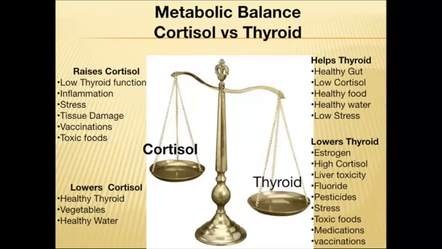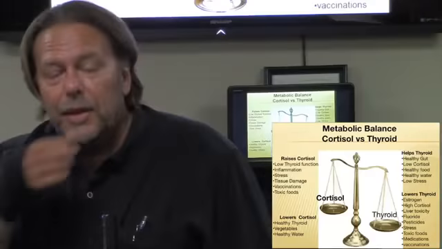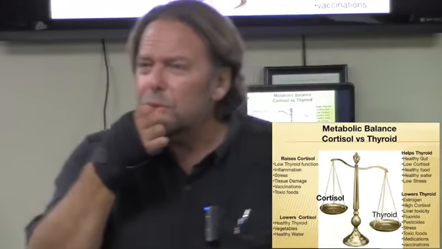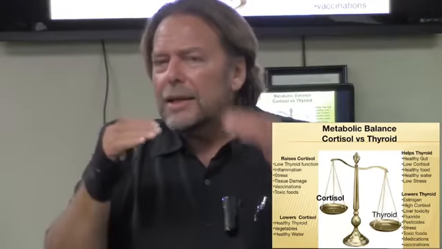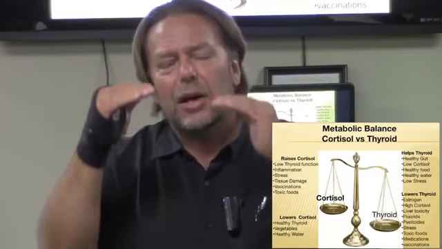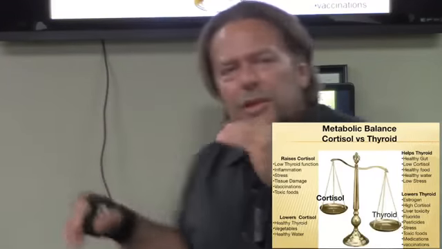Inflammation, more stress, tissue damage, vaccinations, toxic foods. What I'm doing is reading what raises cortisol. That also causes oxidative stress. What lowers thyroid also causes oxidative stress. So it sounds almost too simple, but what if, instead of the oxidative stress, what if we solve this? What's solving it?